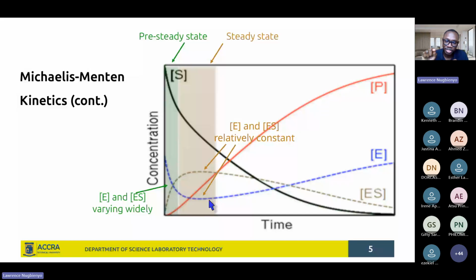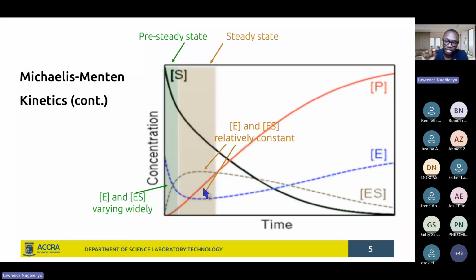Now, once products begin to form and the concentration of the substrate continues to reduce, you see that you have more and more product formed until the maximum concentration of the product is reached, whilst the substrate is fully consumed out of the reaction mixture.